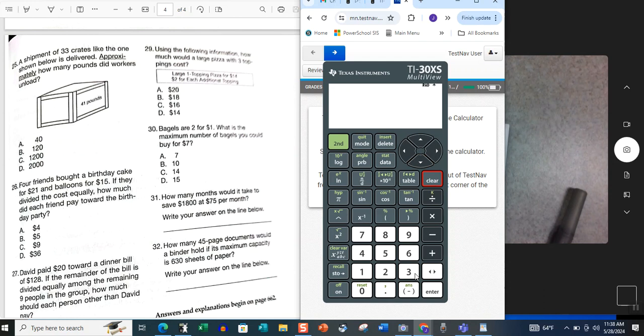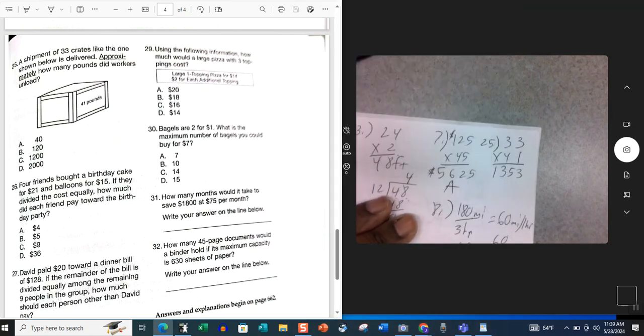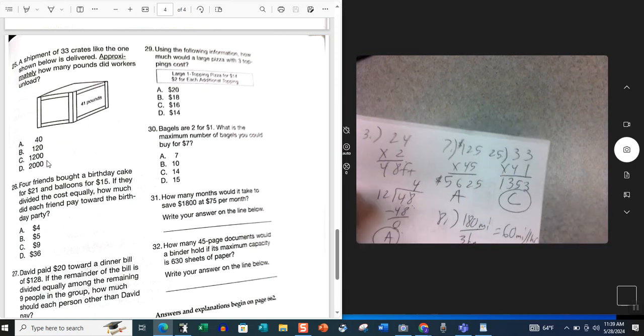So we could do 33 times 41, and that gives us 1,353. Now that we know we got 1,353, we look at the amounts that are given, and the closest one would be C. So that would be our answer for problem 25.